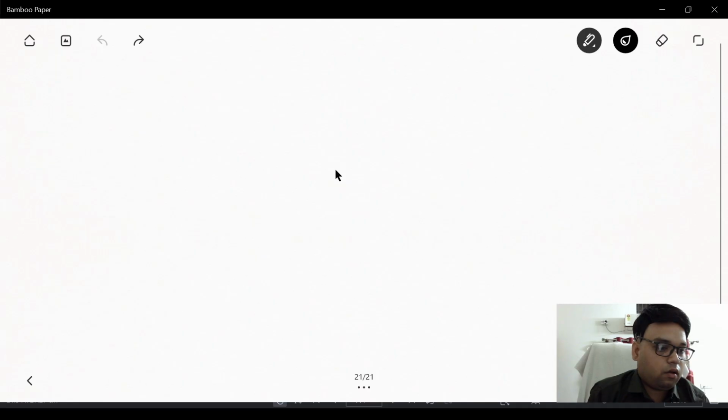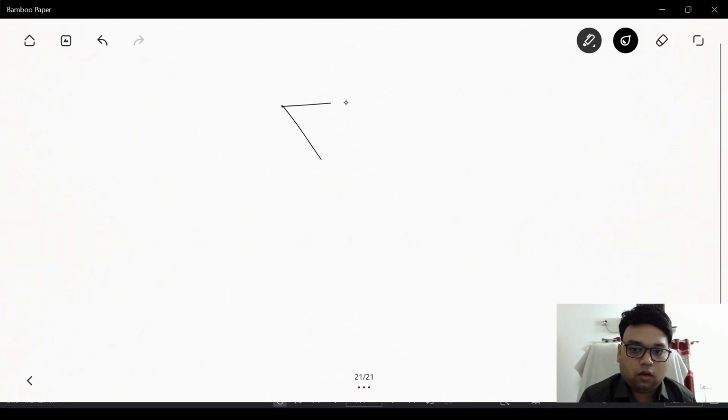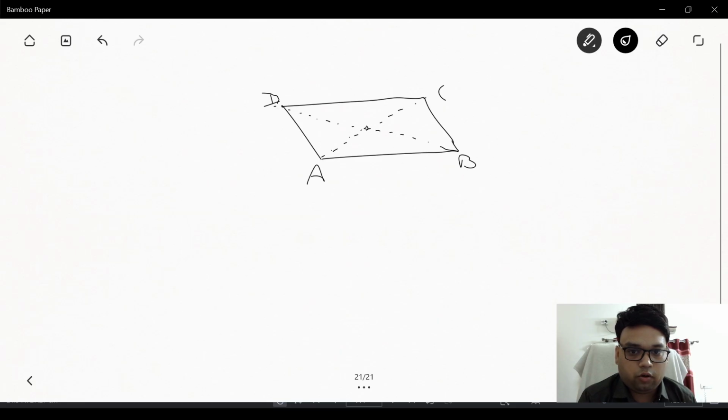Here in question 1, the given figure is a parallelogram having the notation ABCD, and the diagonals AC and BD are also given, meeting at the point O. Now the question is: AD is equal to which line?